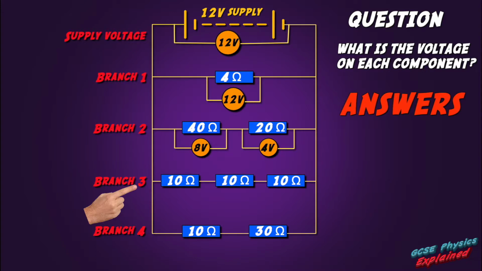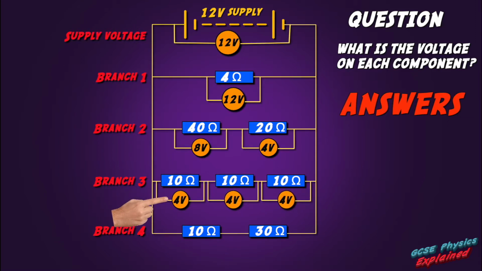In branch 3, all 3 components have the same resistance. So they all get the same voltage. 4 volts each in this case. 4 volts plus 4 volts plus 4 volts equals 12 volts supply. In branch 4, the 30 ohm resistor is 3 times bigger than the 10 ohm resistor.